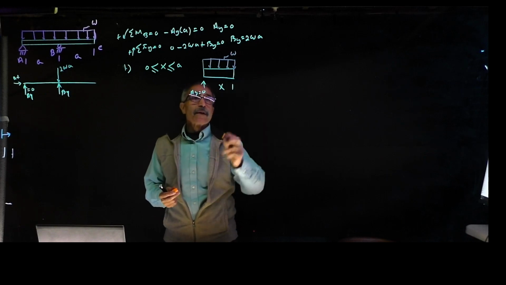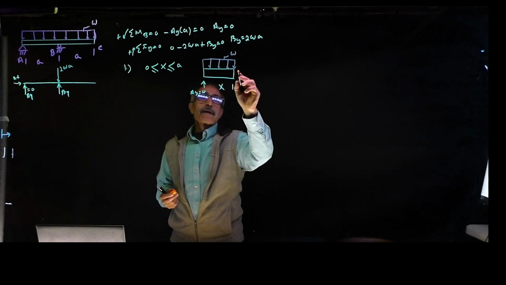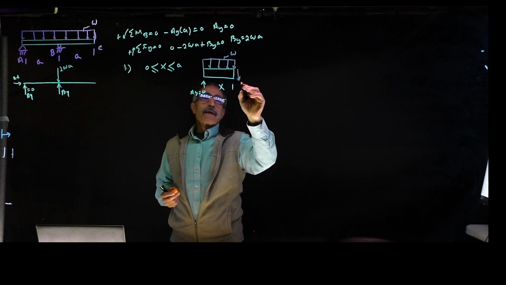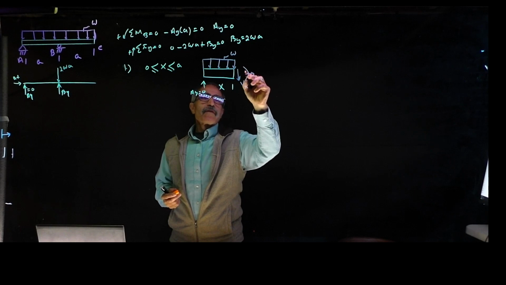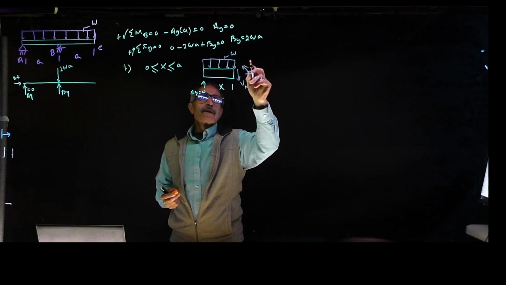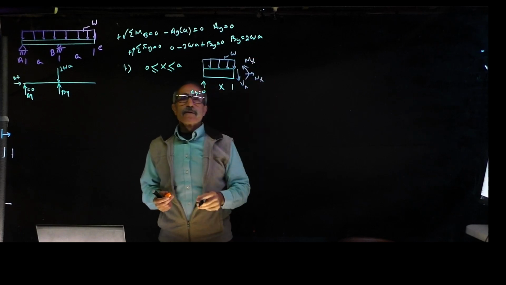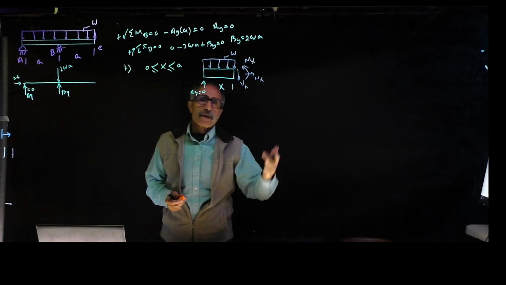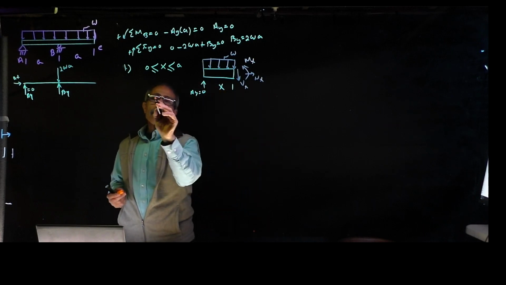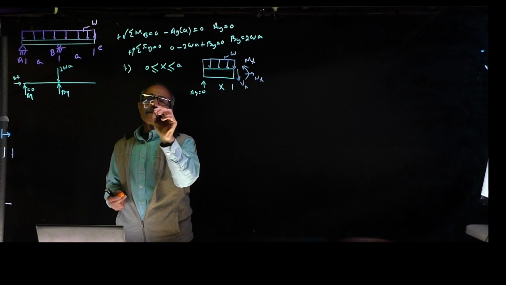I'm going to go ahead and replace it with V, X, and an X, which is 0 anyway. And then I have a moment, MX. So now I do all my summation Fx, summation Fy right here. Summation Fy is equal to 0. Up is positive.